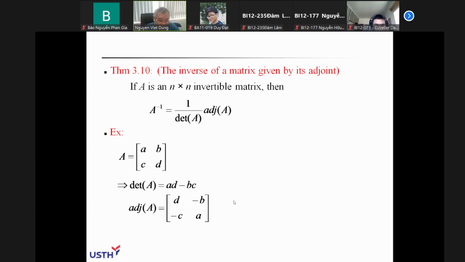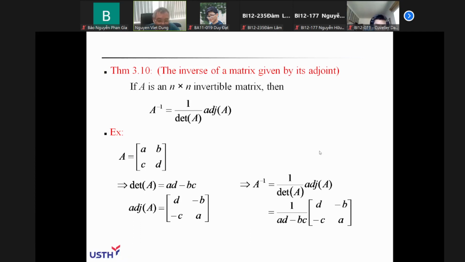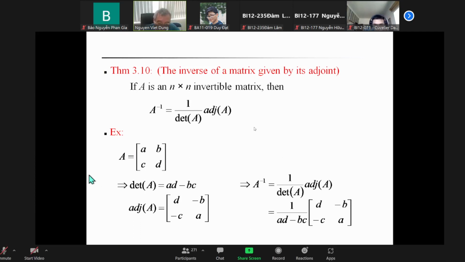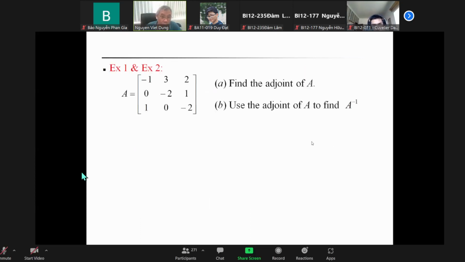Very easy to see. And then A inverse will be that one. So you see, for a 2 by 2 matrix, it's very easy for you to see what A inverse is.